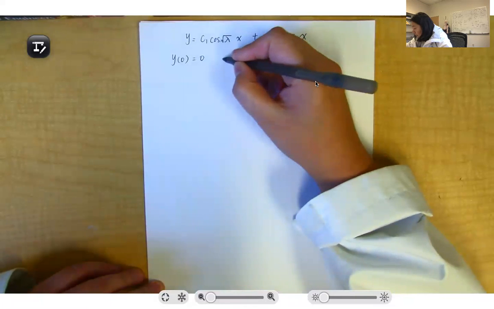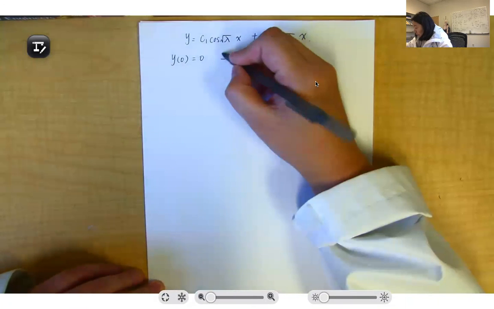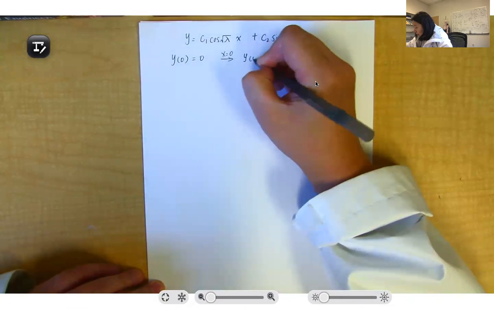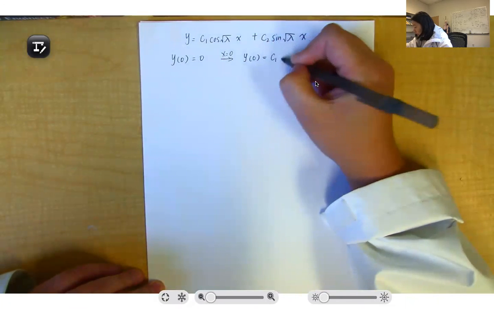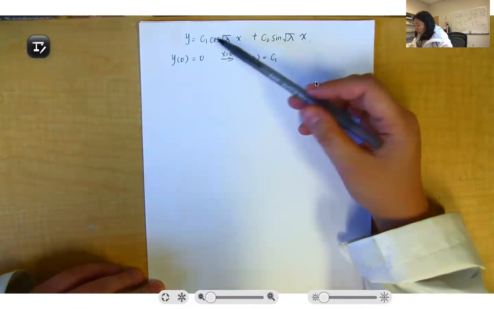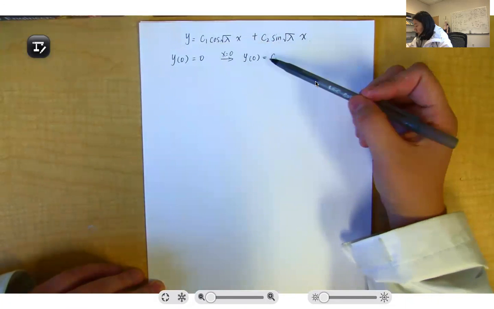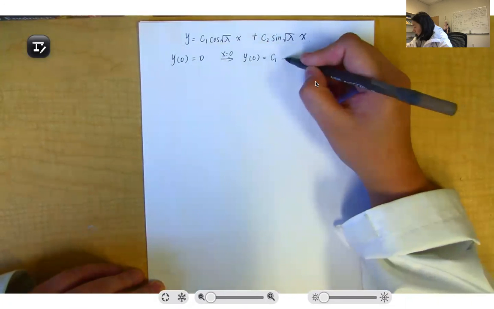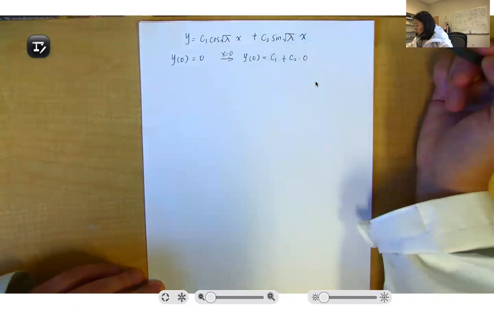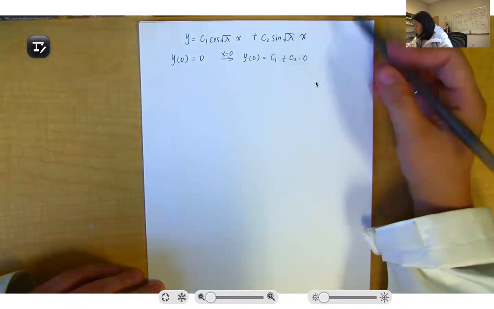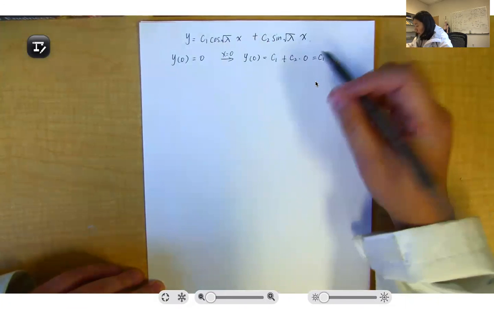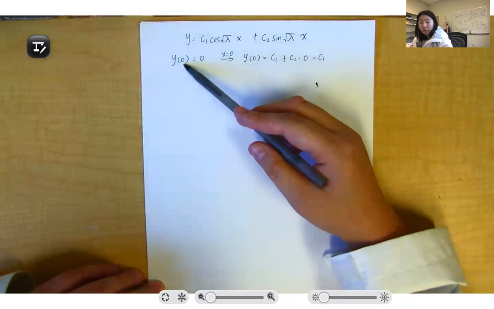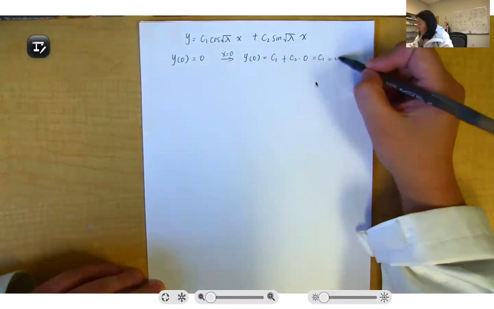That means when x equals 0, y(0) will be equal to C1. When x equals 0, cosine 0 will be equal to 1. So it's C1 plus C2 times 0, because sine 0 equals 0. That means it equals C1. And because y(0) equals 0, C1 equals 0.